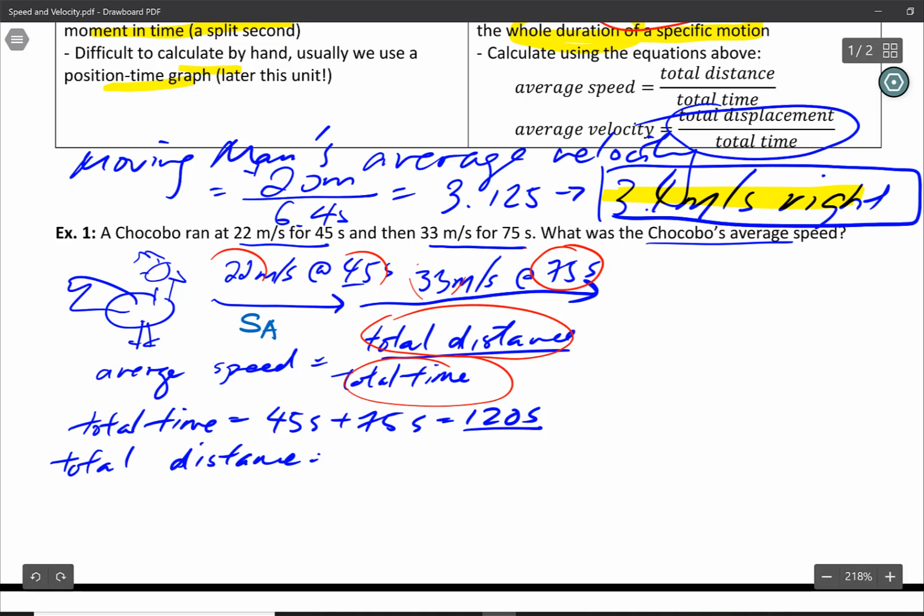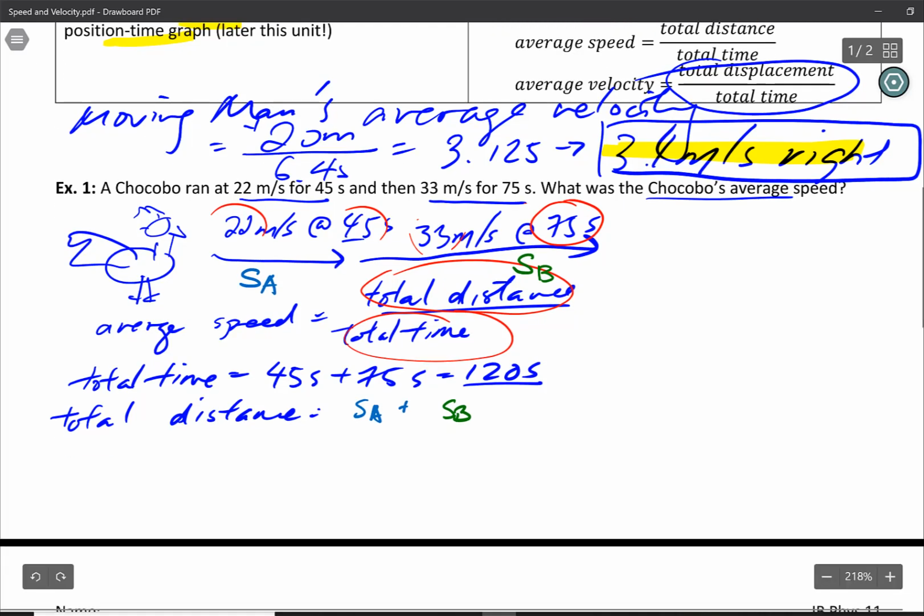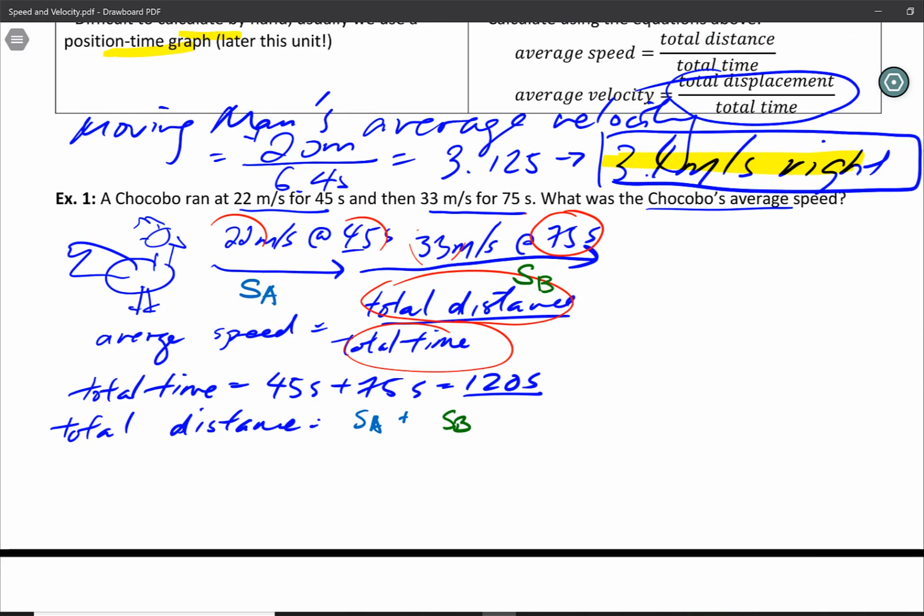I know it means a lot more if I use D, but just to be consistent with your data booklet, and SB for the second segment, for part A and part B. If we add these two together, we will get the total distance. So let's start with SA. I'm going to do that over here.